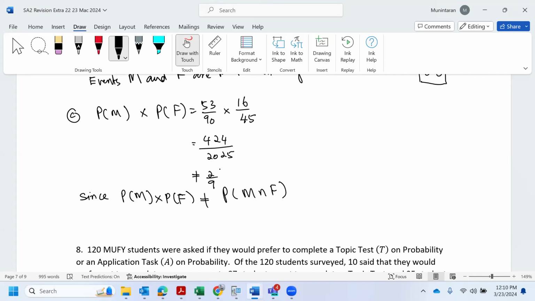You multiply. If it does not equal, then they are not independent. So you're going to say that therefore events M and F are not independent.